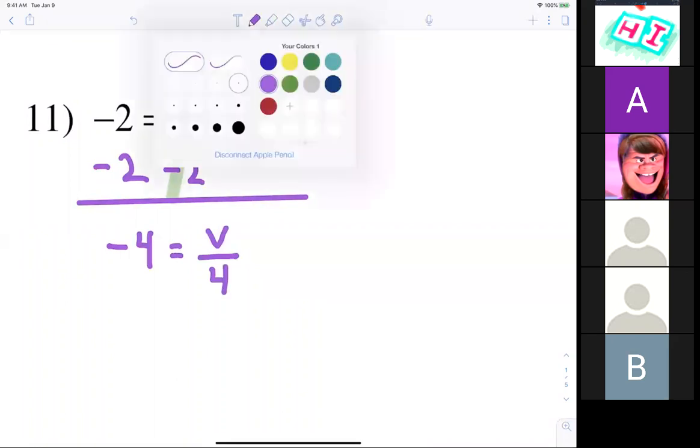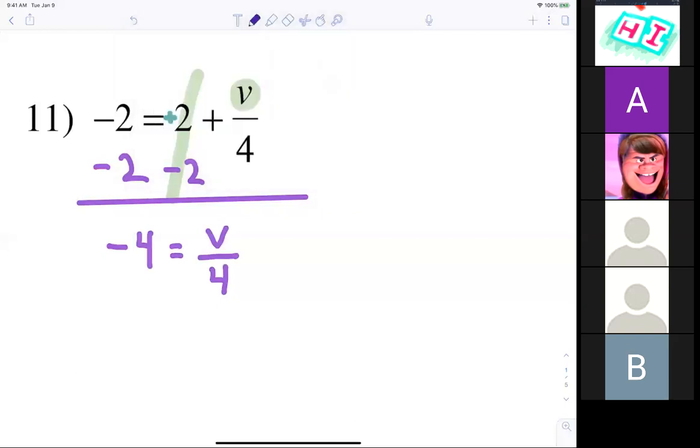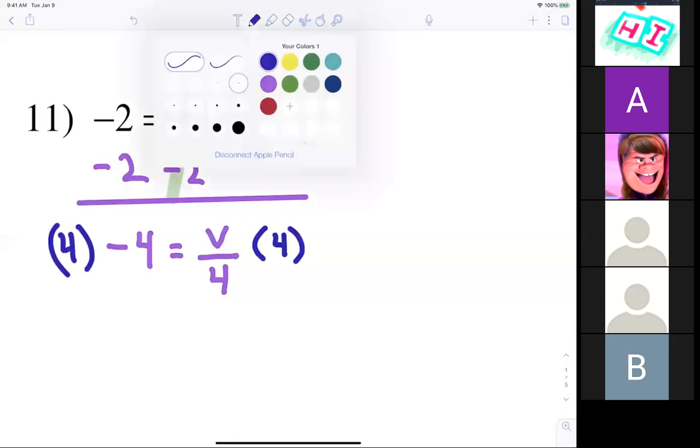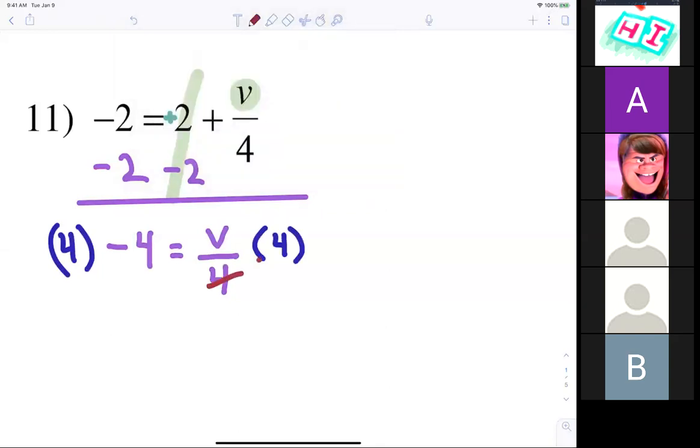And now, how do I get rid of dividing by 4? Multiply both sides by 4. And now, these cancel. So v is equal to 4 times -4, which is what?